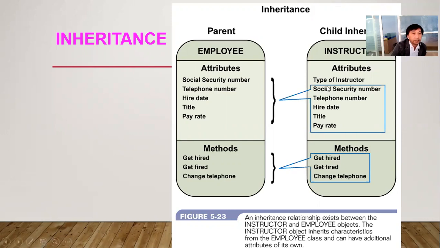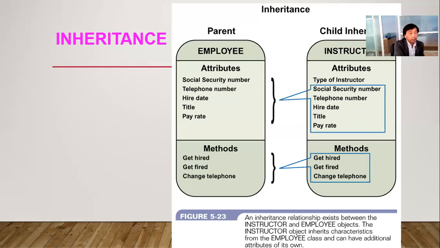The purpose of this inheritance concept is to differentiate each class to be more specific. As you can see, this is the general class employee, and then the employee class will be derived into a more specific class that has its own unique attributes or methods than the general class.